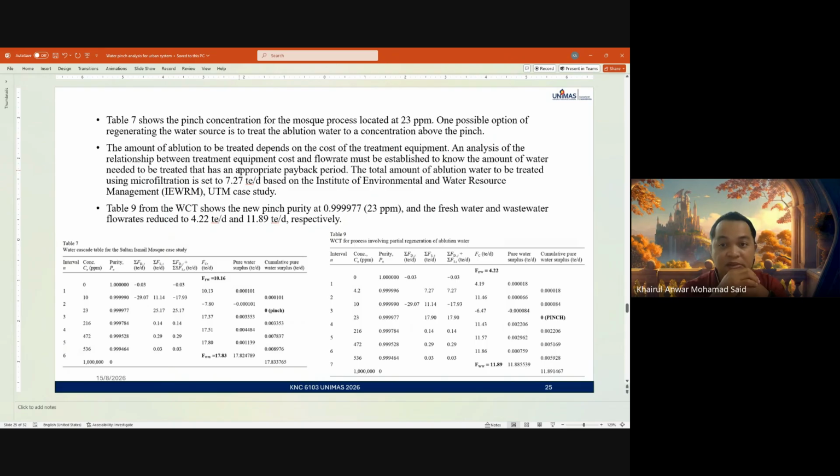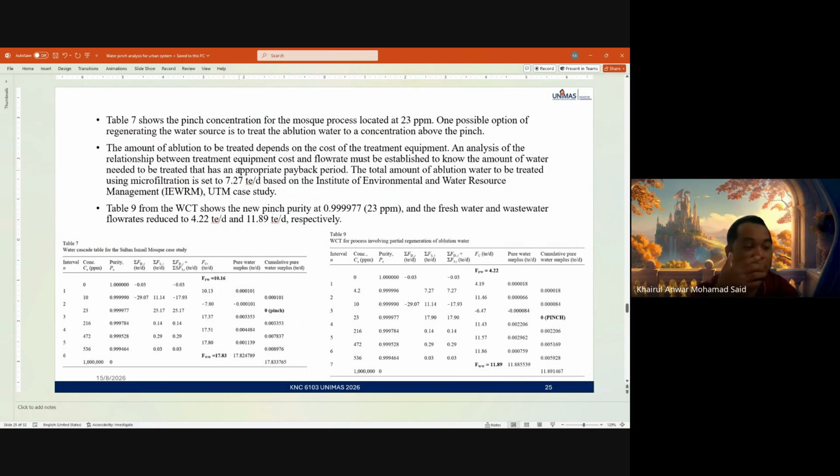The total amount of polluted water to be treated using microfiltration is set to 727 tons per day based on the IWERN case study. Refer back to figure 5, the retrofitted water network study by IWERN.